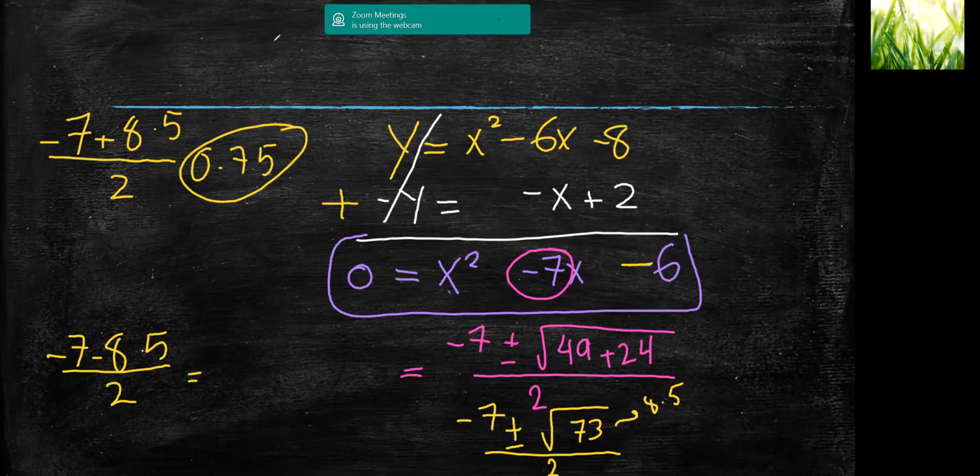The second x now. -7 minus 8.5. Let's add them here. We put the 0.5 first. And 7 plus 8 is 15. So it's -15.5 over 2.